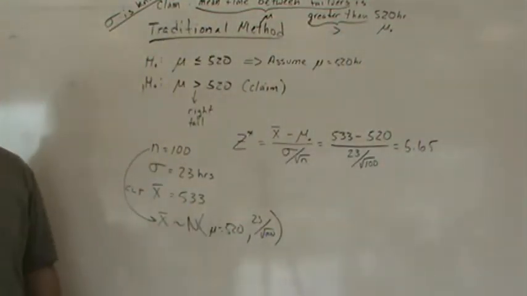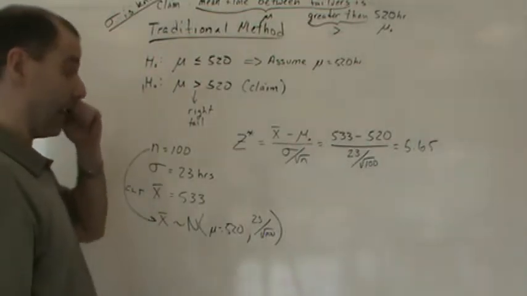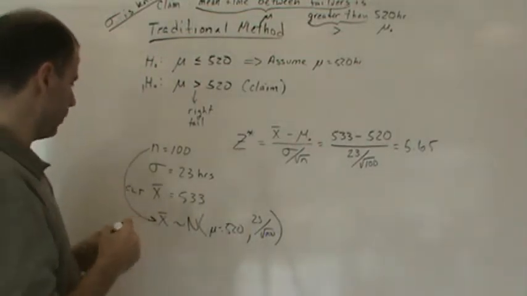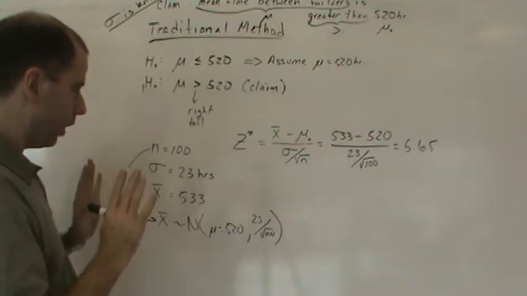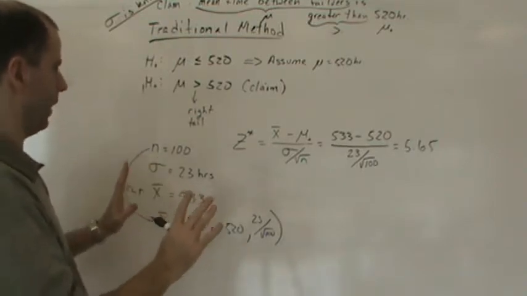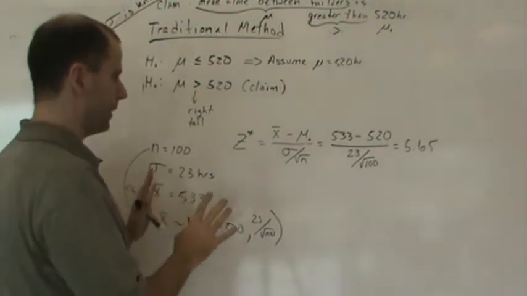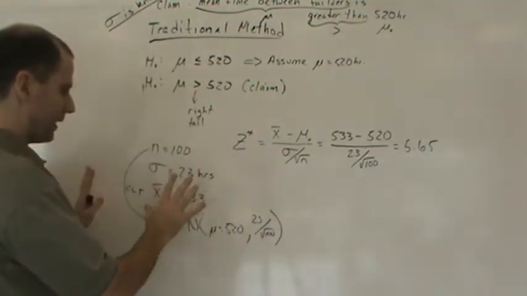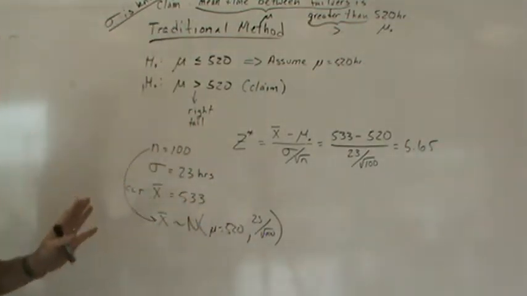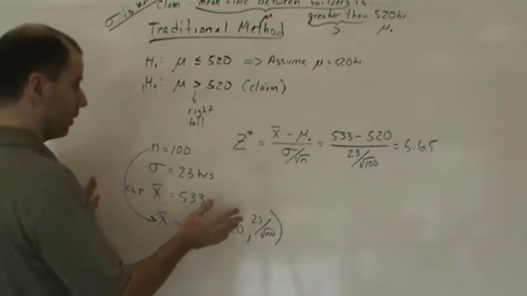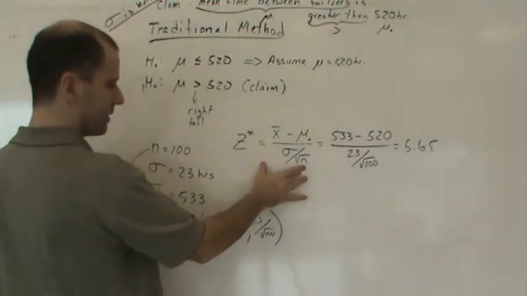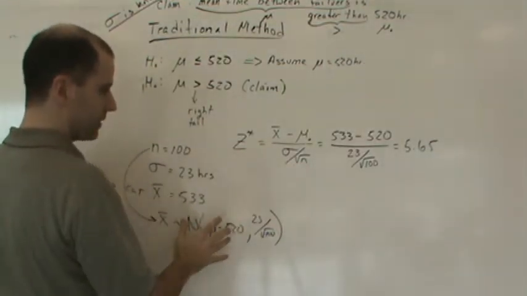Okay. Now, the second piece that we need is our critical value. Let me hold off for a second. I want you to write this down. I'm going to erase this, so keep this in mind. The main thing is we got the test statistic, z star, from the sample data.